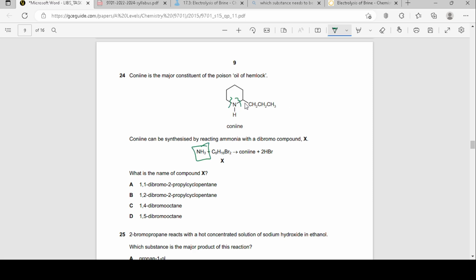The bromines are removed and the thing joins together to form that N-H bond. I hope that makes sense.